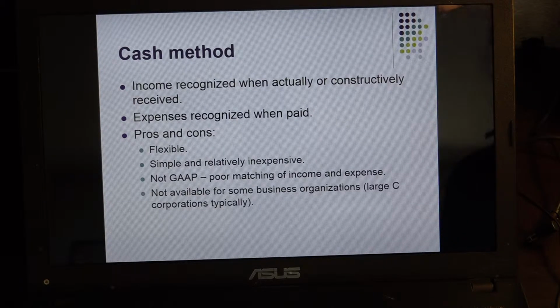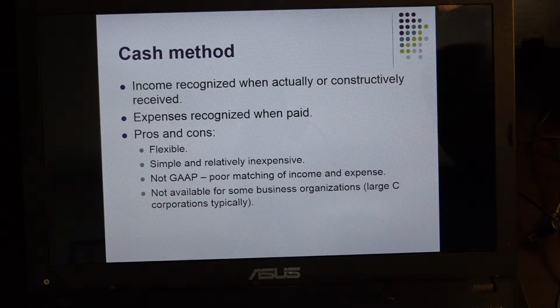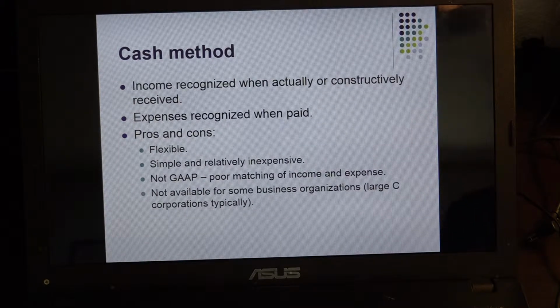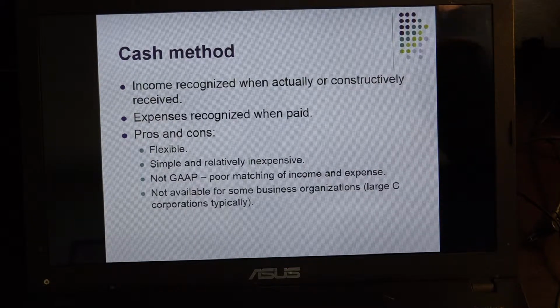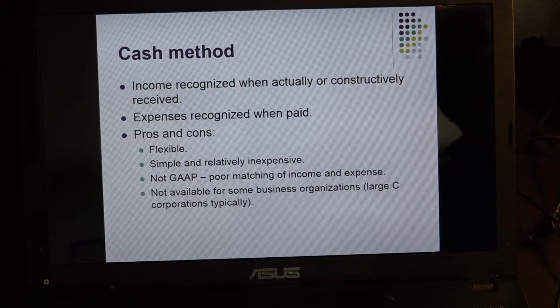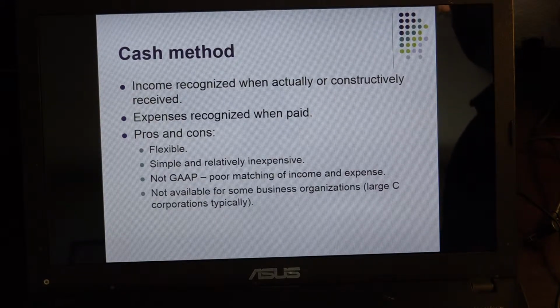Note that cash method is not available for tax purposes. C Corps can't report on a cash basis. They have to use accrual basis.